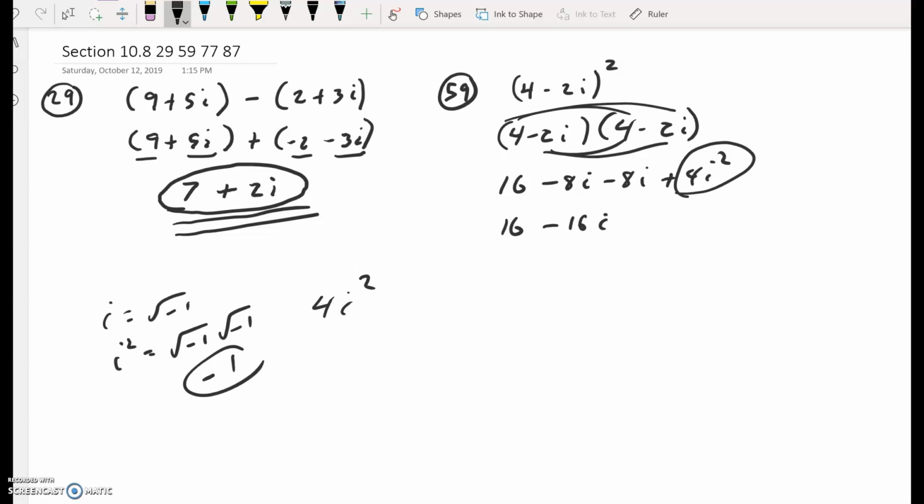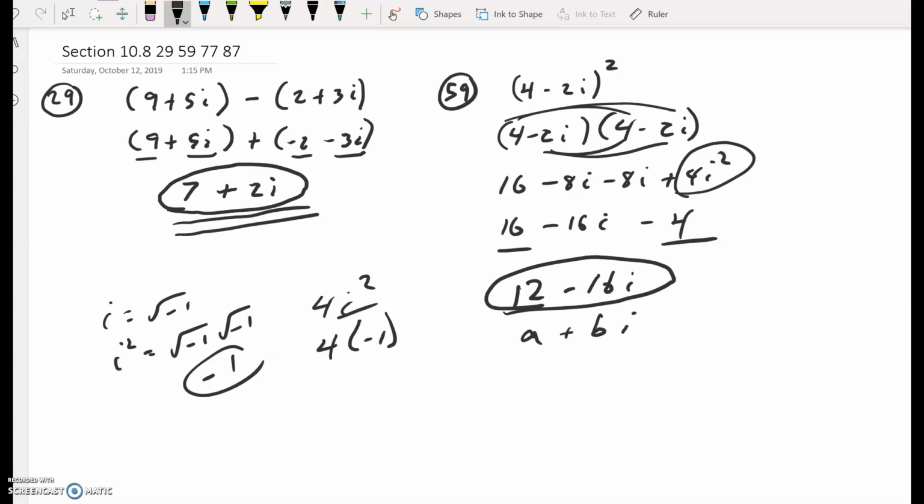And so 4 times i squared will be 4 times negative 1, because i squared is negative 1. And that's negative 4, and those are like terms. So we have 12 minus 16i, and notice it's in the a plus bi form that we need.